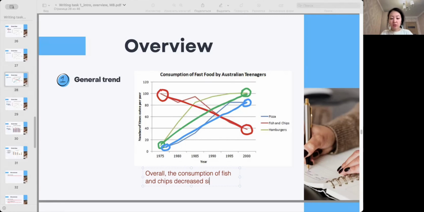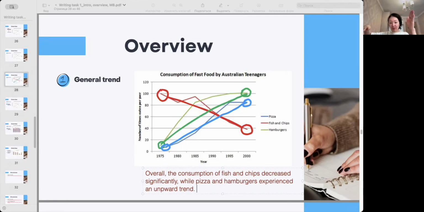So I can say that it decreased significantly, while pizza and hamburgers, well, let's say experienced an upward trend. I'm going to talk about these grammatical structures, by the way, a bit later. So this is the first sentence of our overview. The consumption of fish and chips decreased significantly, while pizza and hamburgers experienced an upward trend.